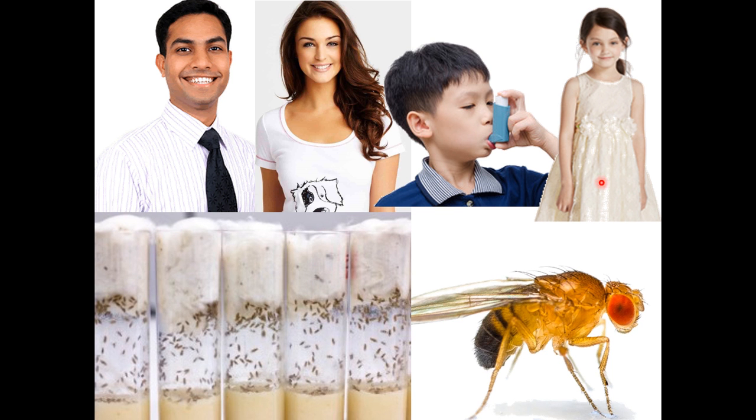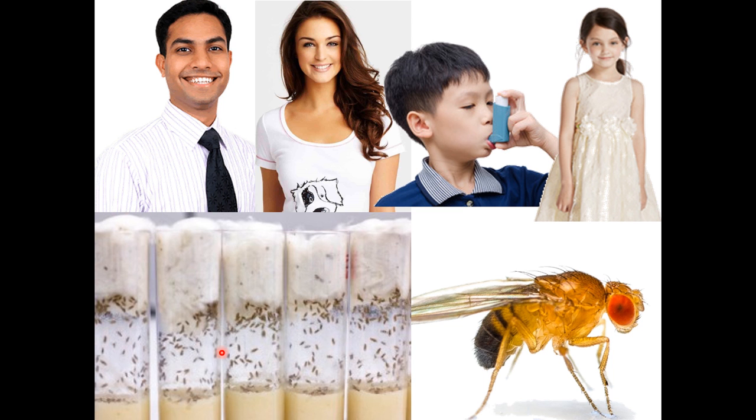So we can do that with pea plants, though. We can cut off pieces and put them in other pieces. Or we can do that with one of our favorite things to work with, fruit flies. Nobody cares if we say, hey, fruit fly, go have sex with this fruit fly. Nobody cares about that. We'll just do a bunch of different things. So in genetics, we do lots of experiments with fruit flies, and we'll talk about how that played a role. In my genetics class at USF, we did experiments with fruit flies, and it looked just like this.